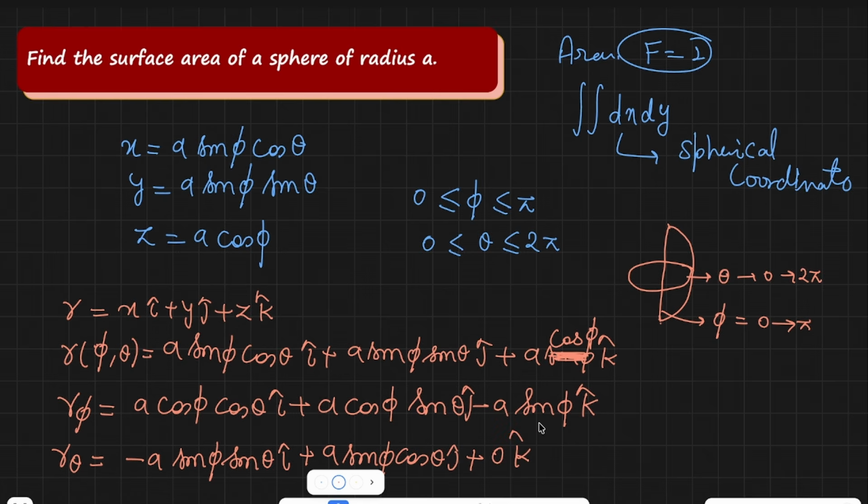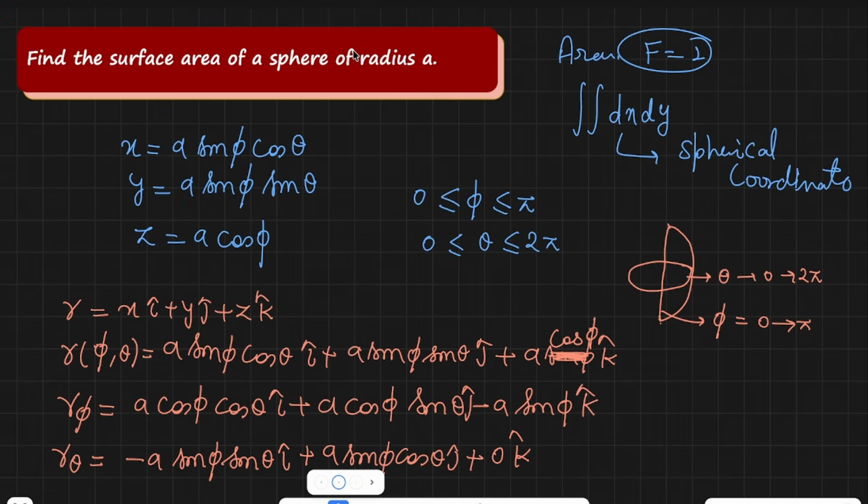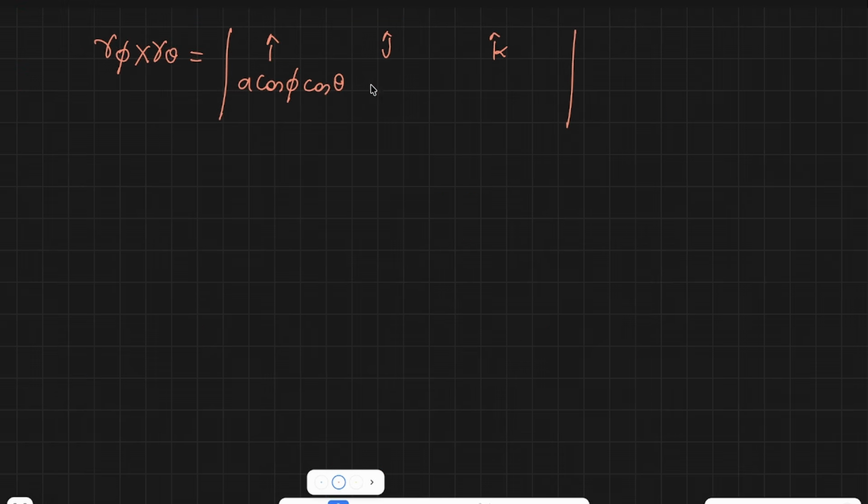Now what to do? You take the cross product, r phi cross r theta. So it is going to be i cap, j cap, k cap, with the first row a cos phi cos theta, a cos phi sin theta, minus a sin phi, and the second row minus a sin phi sin theta, a sin phi cos theta, 0.